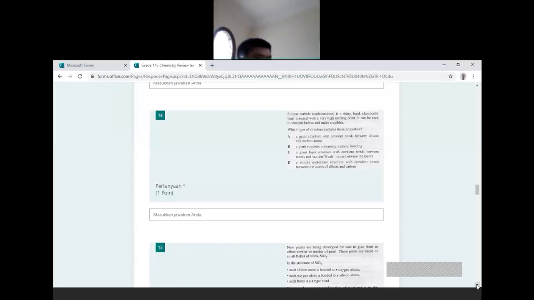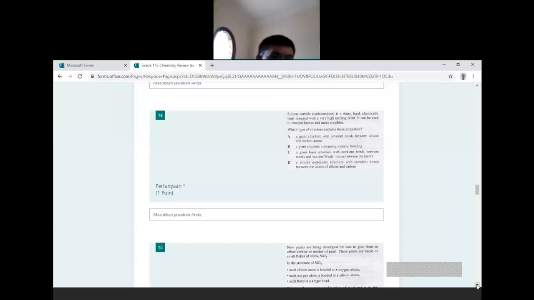Inert means it does not react with any chemicals. So silicon carbide must have a giant molecular structure. We know a giant molecular structure has strong covalent bonds. So for number 14, the strong covalent bond between the silicon and carbon atoms is the correct answer.